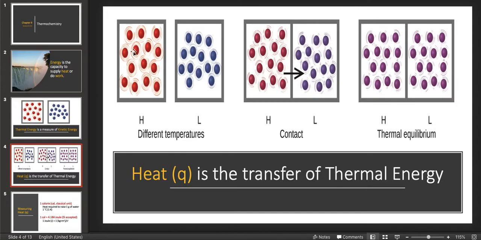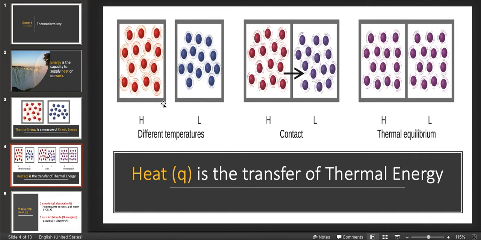These objects started out one hot and one cold, and they end up at the same temperature because the hotter object transferred heat, or thermal energy, in the form of heat into the colder object for as long as they were at different temperatures.